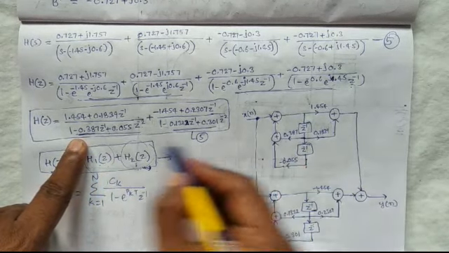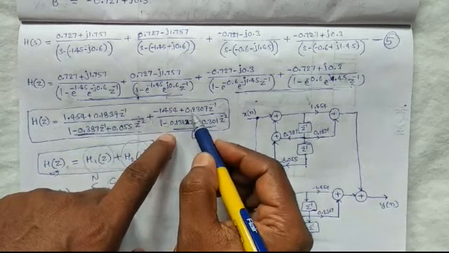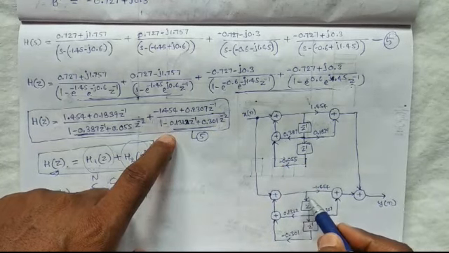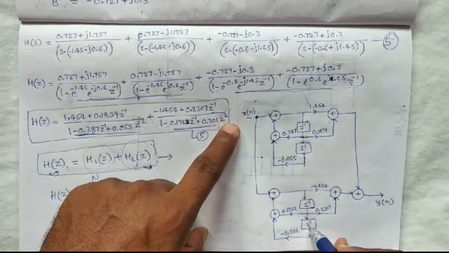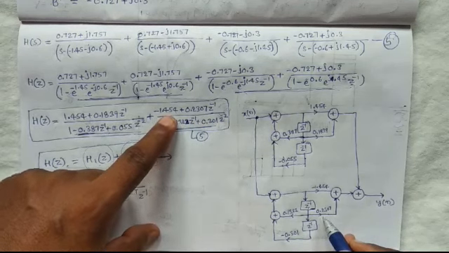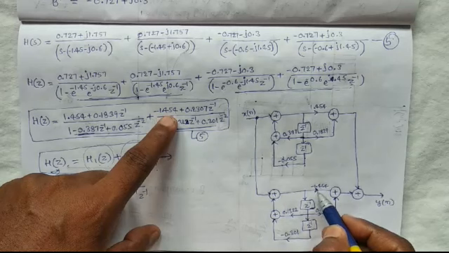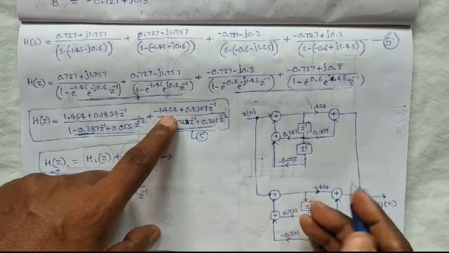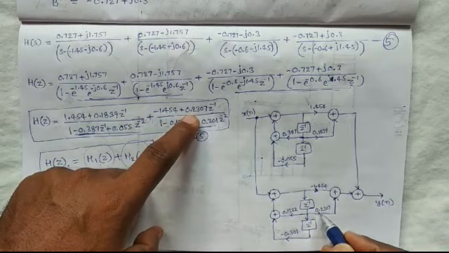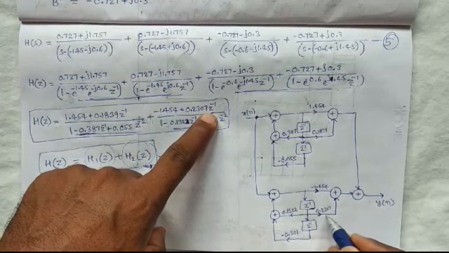This is the realization of this one. Similarly we are realizing this equation by using parallel direct form 2 realization. In the similar fashion it requires 2 delay elements. First of all we realize the numerator. On the right side of the delay elements, b0 value is minus 1.454 and b1 value is 0.2307 into z power minus 1.